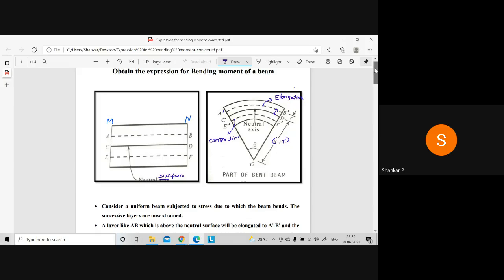So we can write from the geometry the new length of layer A dash B dash as (R plus r) into theta.